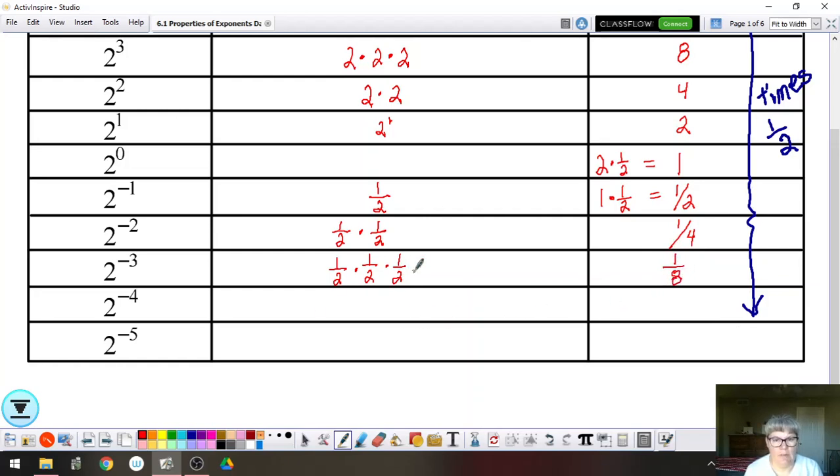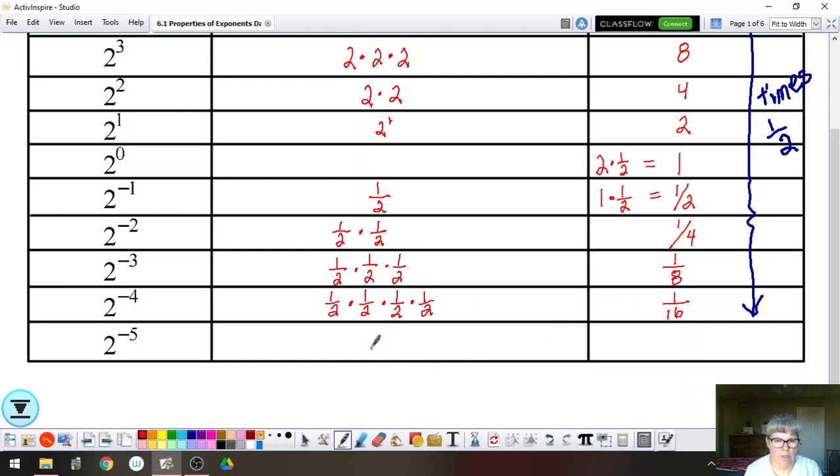And because we're moving down our table, we take the previous row times another 1/2. So we have the 1/8 from the 2 to the negative 3 times another 1/2 for the 2 to the negative 4, and we have 1/16.